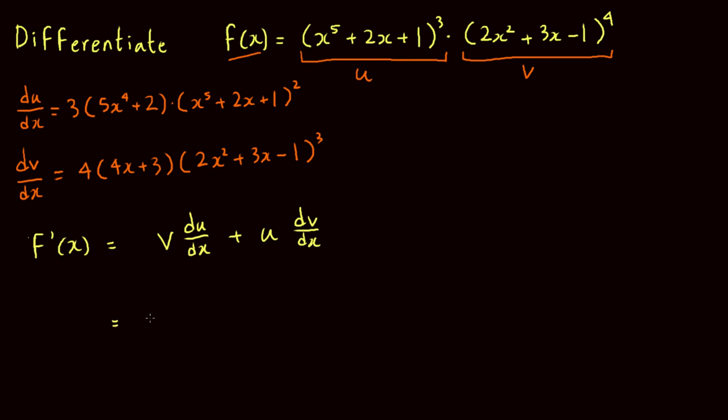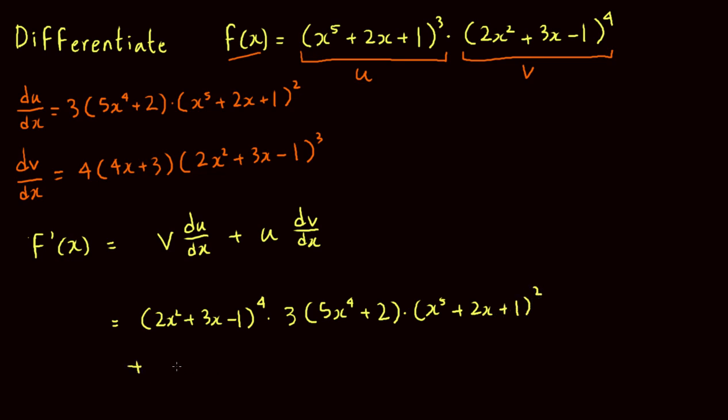So it's just (2x^2 + 3x - 1)^4 times du/dx, which is 3 times (5x^4 + 2) times (x^5 + 2x + 1)^2, plus u, in this case (x^5 + 2x + 1)^3, times dv/dx, which would be 4 times (4x + 3) times (2x^2 + 3x - 1)^3.